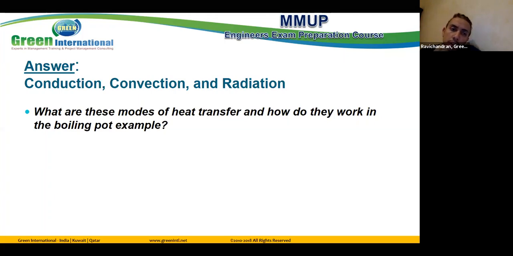Actually, when we study an application, what is the main type or mode of heat transfer in that application? We check whether it is by conduction, by convection, or by radiation.